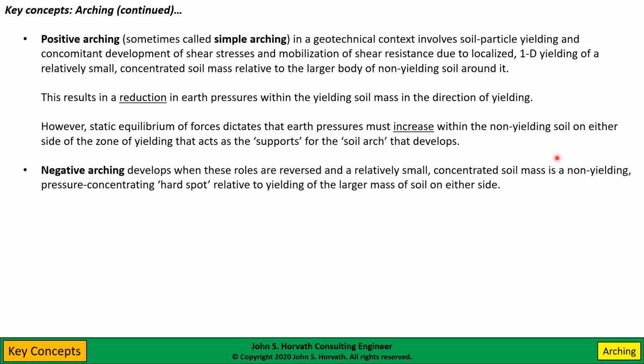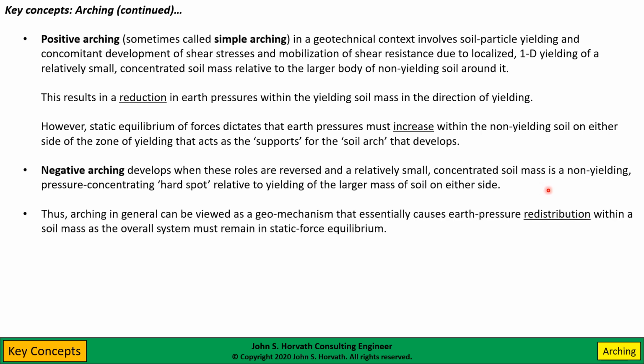Now, negative arching develops when these roles are reversed. In this case, you have a small concentrated soil mass that is non-yielding, a pressure-concentrating hard spot, if you will, relative to yielding of soil on either side. As we know, the stiffer you make a system component, it tends to, if you will, attract load. Right? That's a key concept in structural engineering.